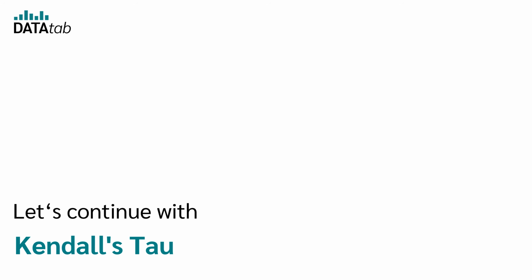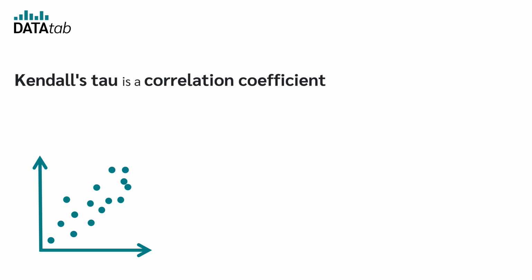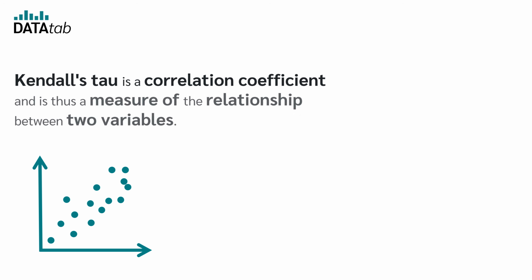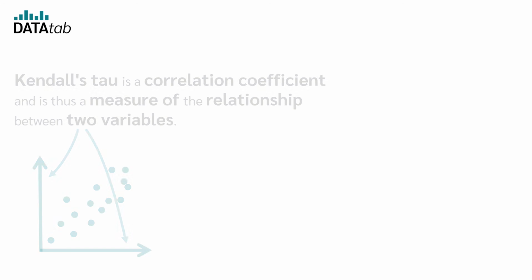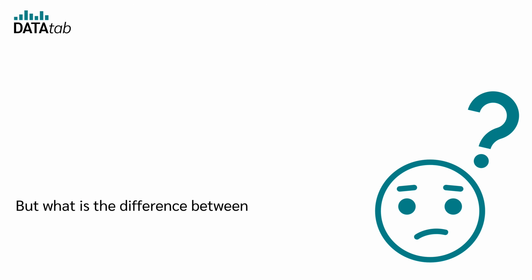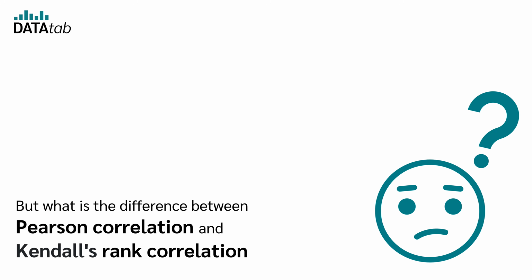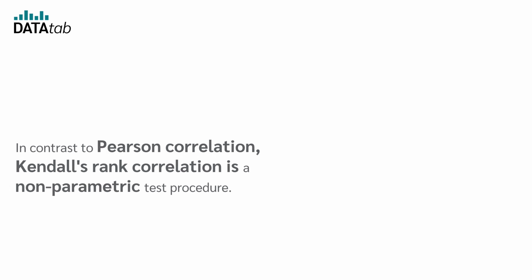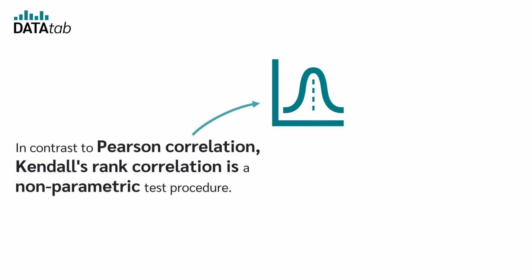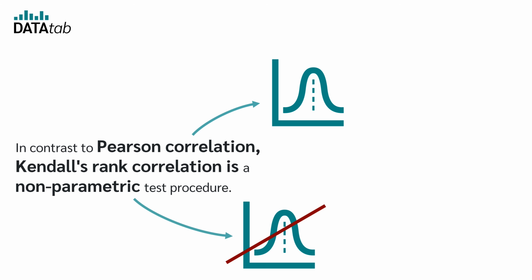Let's continue with Kendall's Tau. Kendall's Tau is a correlation coefficient and is thus a measure of the relationship between two variables. But what is the difference between Pearson correlation and Kendall's rank correlation? In contrast to Pearson correlation, Kendall's rank correlation is a non-parametric test procedure.